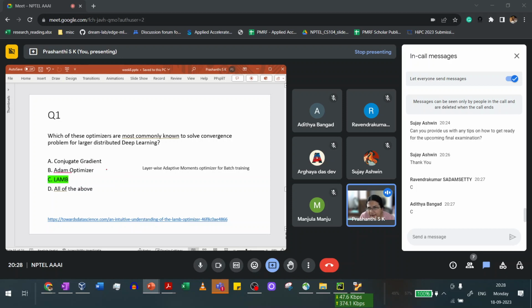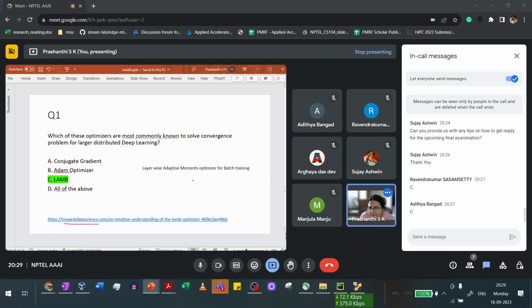Just try to write one line about it based on whatever you read. Things like Towards Data Science and GeeksforGeeks are very easily accessible websites, for the most part intended for undergraduate students, so refer to those for your first-cut understanding of what these are. So LAMB is one of the ones used to solve convergence issues.